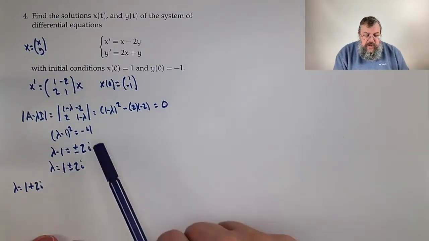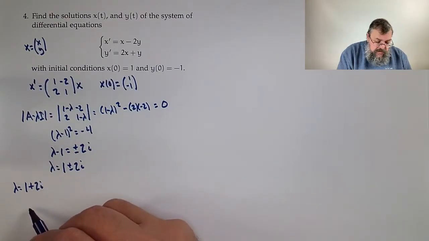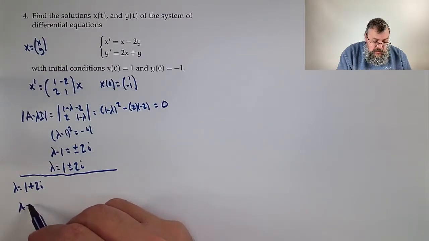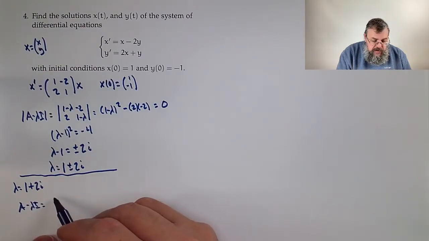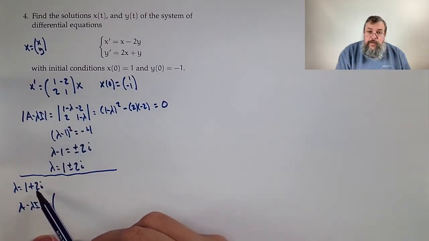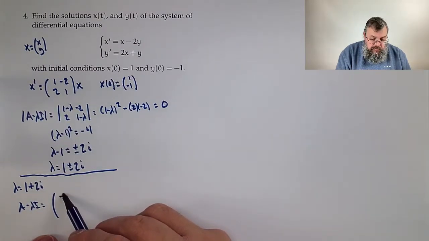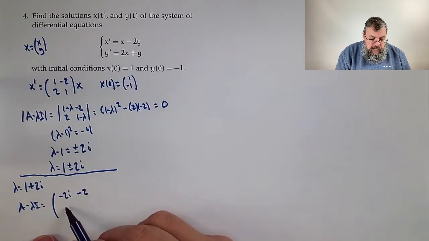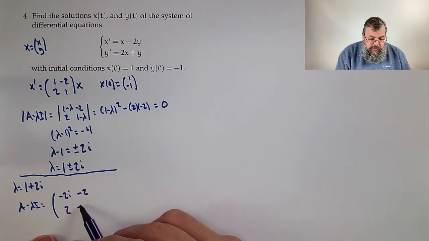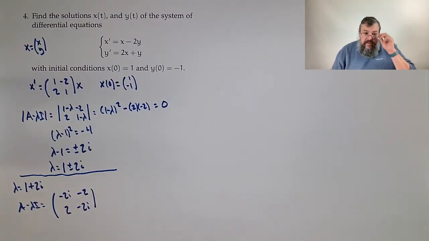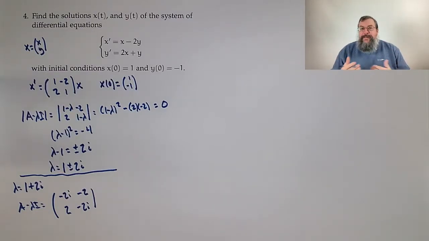I'm going to plug it into A minus lambda I. And let's see what we have. Well, that's going to be 1 minus 1 plus 2i, so that makes it minus 2i, minus 2. And then we're going to have 2 and minus 2i. All right, so that's our A minus lambda I.